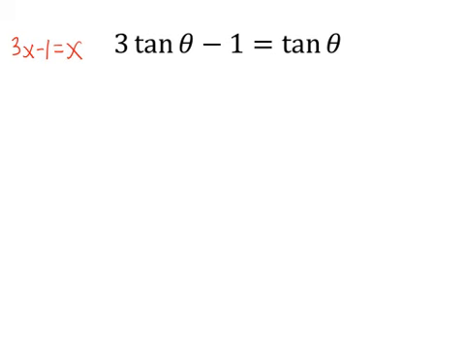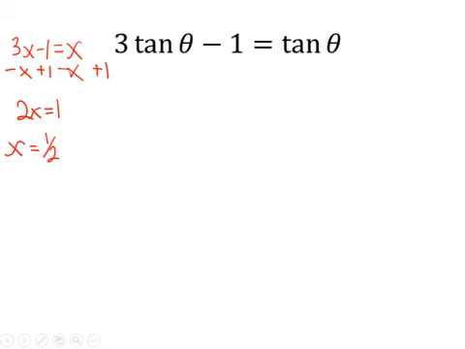So what would you do to get x by itself? Well, I can subtract x, add 1, add 1. So now I've got 2x equals 1, which gets me x is equal to 1/2.